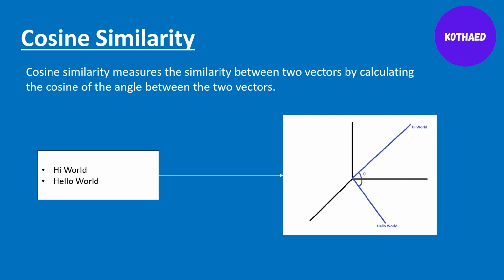Suppose if I have 100 records, it will draw the 100 vectors in the XYZ dimensional. And then if I have to find out the similarity between first record versus the 50th record, then it will find out the angle of difference between the first record versus 50th record. That will give us the similarity between the record 1 versus the record 50. So this is how cosine similarity works in reality.